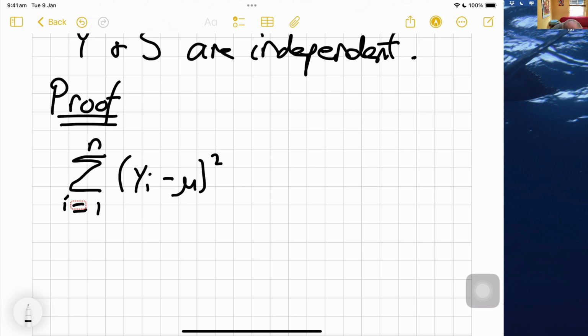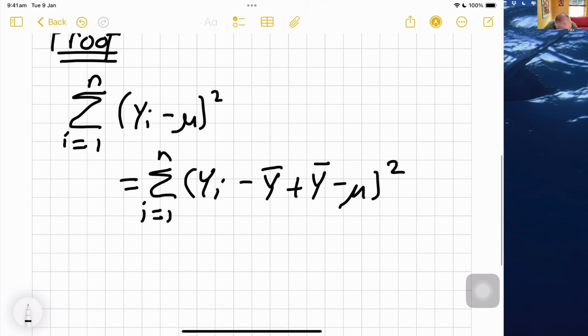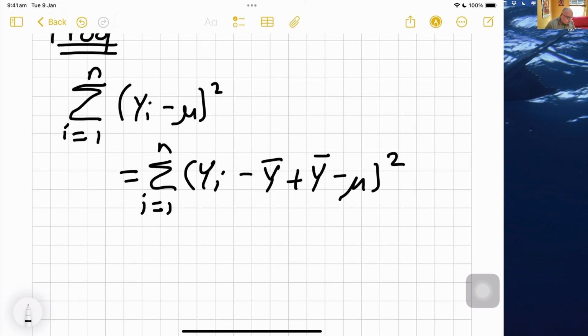Well, the first thing I'm going to do is write this as a summation, i equals 1 to n, of (yi minus the sample mean plus the sample mean minus mu) squared. Now, this is a common trick that we use a lot in statistics, and at some point we're going to have a look at statistical tricks.